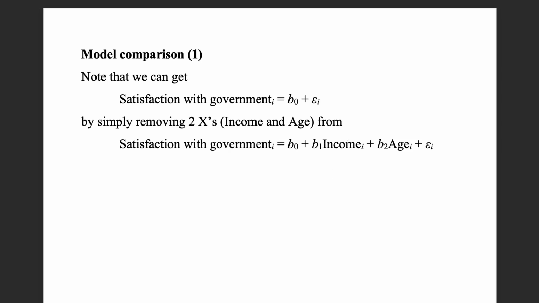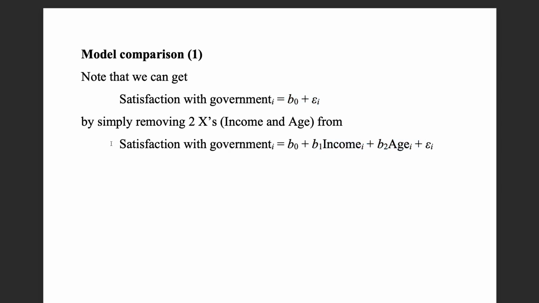So taking this out is the same thing as saying B1 has to be 0, and taking age out is the same thing as saying B2 has to be 0. Basically what we're doing is we are forcing our B1 and our B2 coefficients to take the value 0 if we have this model, because then these two things drop out from our equation.